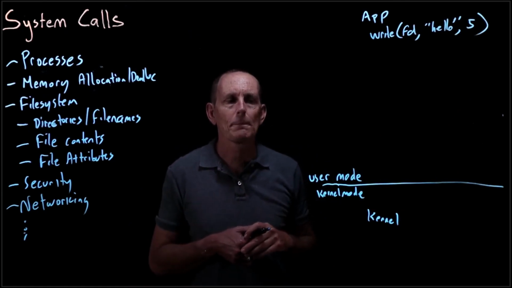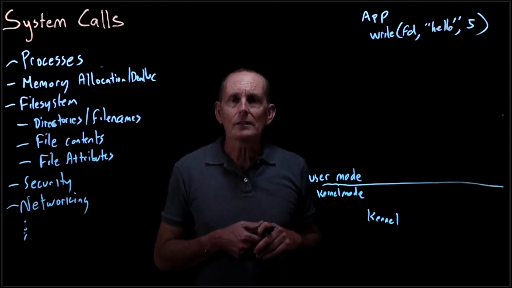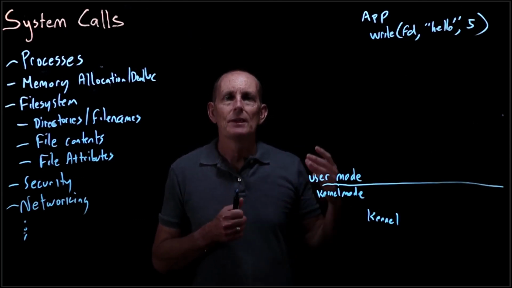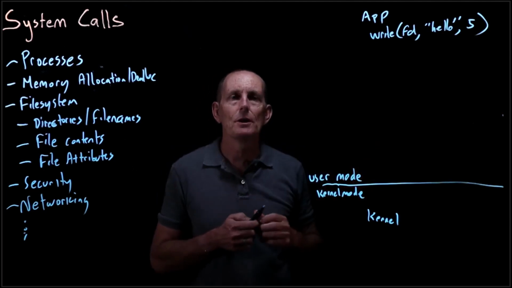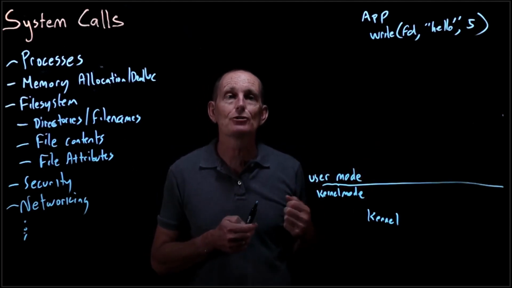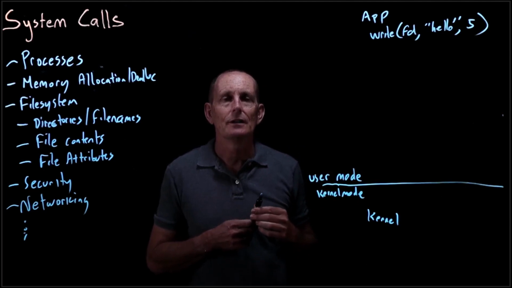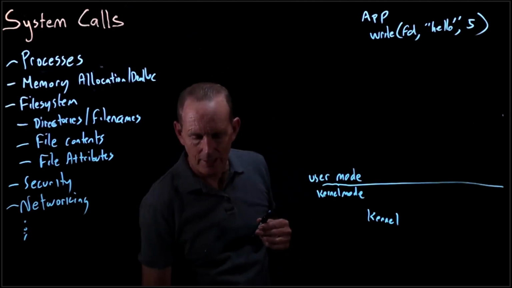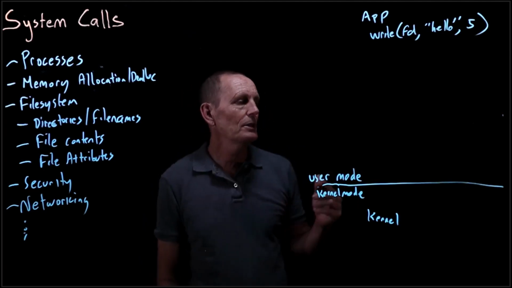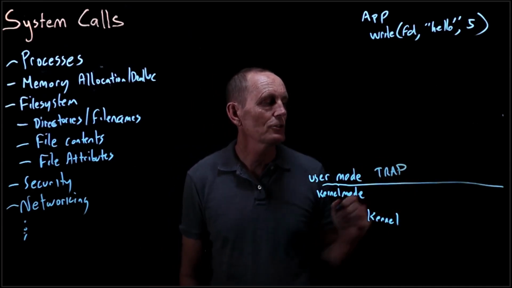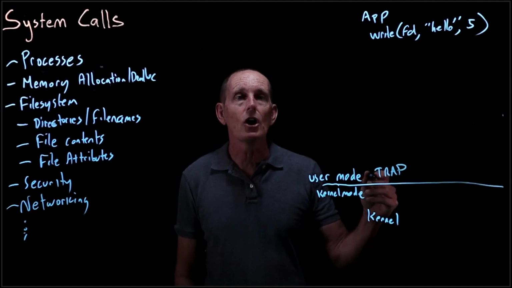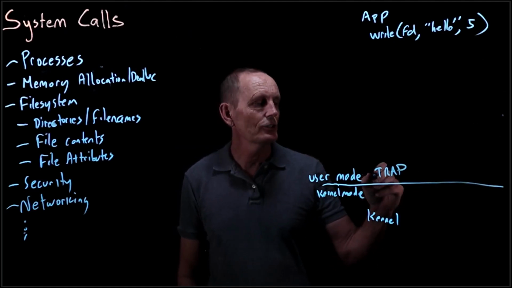We talked about the fact that a system call is made from user mode to kernel mode by issuing a specific instruction. In our case, for the x86, we're going to be looking at a trap instruction. So we issue a trap instruction, and that's going to cause the processor to do two things.